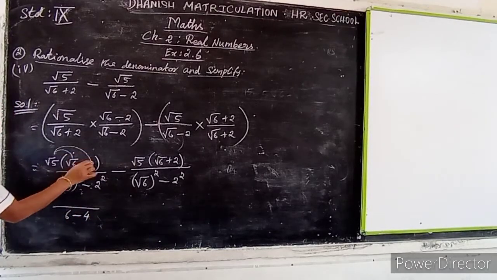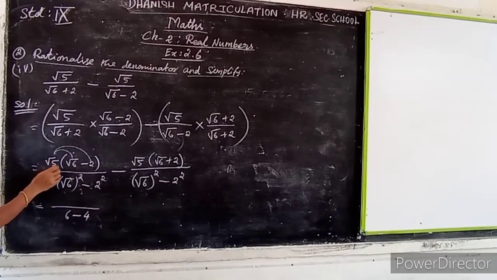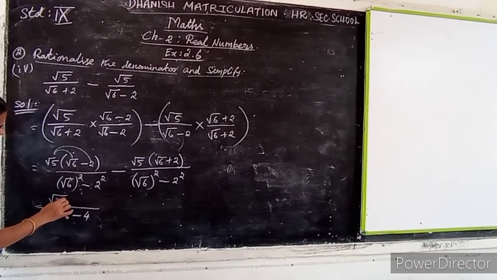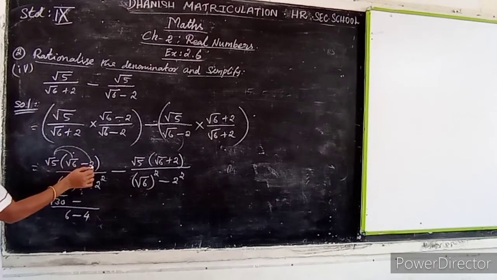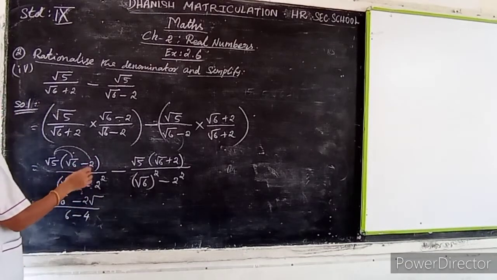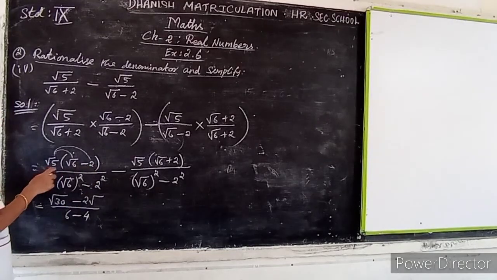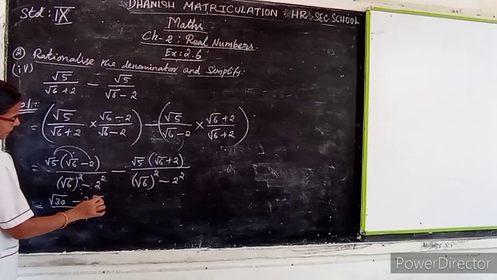Numerator: multiply root 5 into root 6. Take common root, multiply 5 6s are 30. Here this multiplication is over. Now multiply this root 5 with minus 2, so minus 2 root 5, because this is a whole number and this is a surd. When we multiply a whole number with a surd, 2 root 5 is the answer.